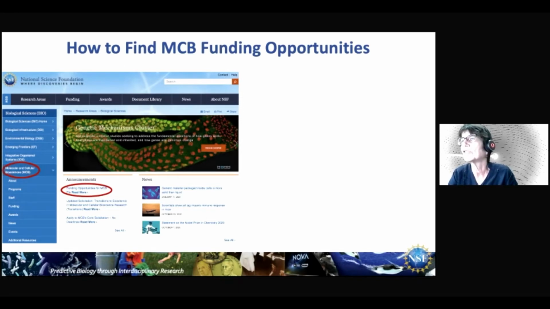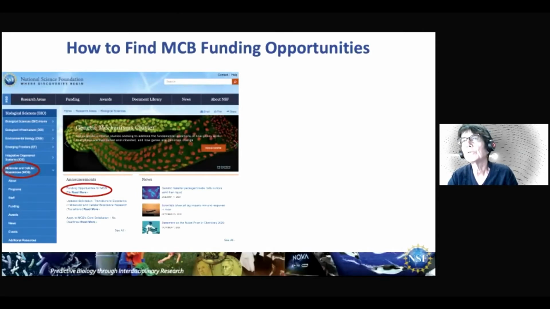Every time we change something or have a new type of solicitation or DCL, or Dear Colleague letter, that tells you about funds we're looking to give away, you can check here periodically and see what's available.